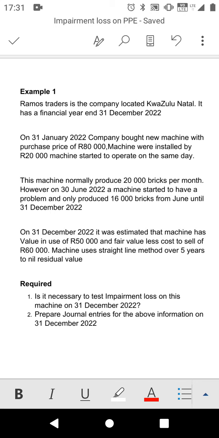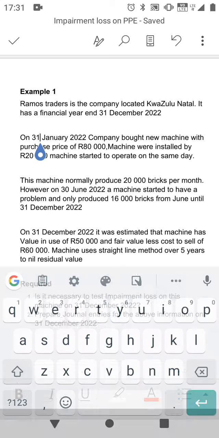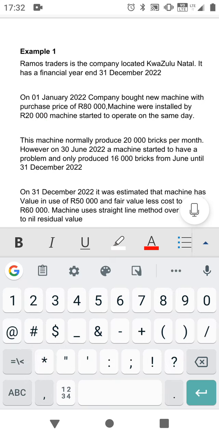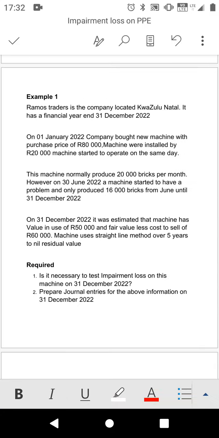Then the machine were installed by 20,000. And they started to operate on the same day, which means that they started to use the machine on the same day on 31 January. Okay, in this case let's use 1 January because I don't have calculator to do pro rata. Okay, on 1 January 2022, and they started to use the machine on the same day.